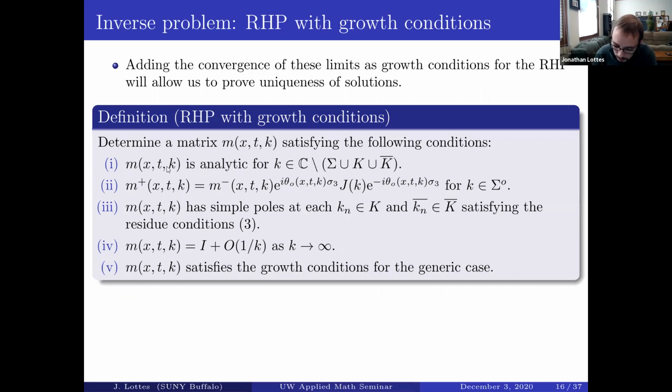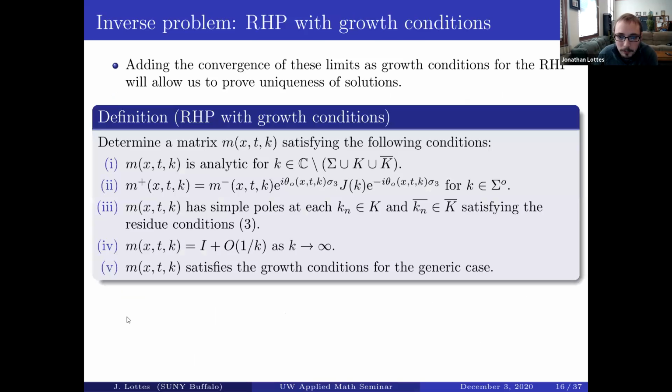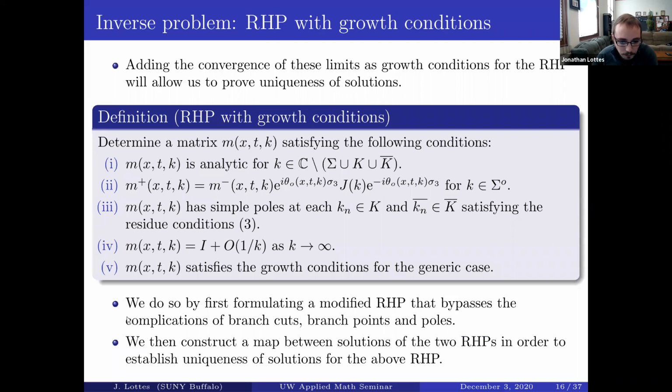Okay, so we're going to take this extra behavior that we see about M from our direct problem and throw that into our Riemann-Hilbert problem as growth conditions, and we'll see that adding the requirement that these limits converge is what's going to give us a unique solution.